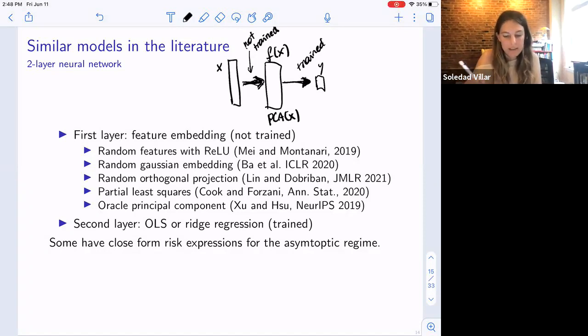This is a little more complicated to analyze because most of these feature embedding models are fixed, not adaptive to the data. If you want to adapt to the data, it may bring some complications to the analysis. So we actually don't have an asymptotic analysis, but a non-asymptotic bound on the risk.